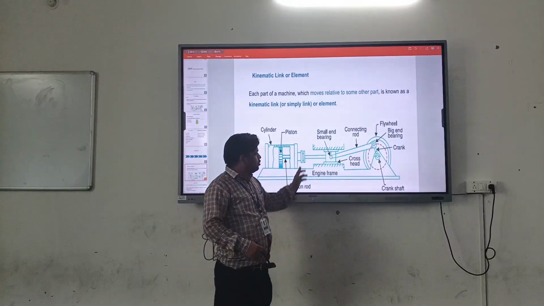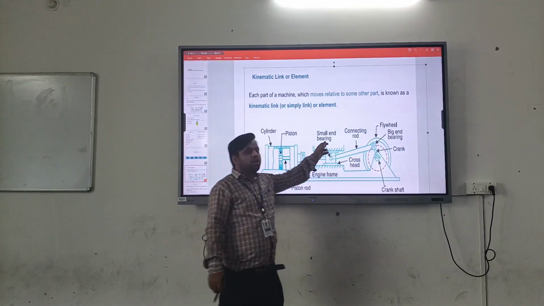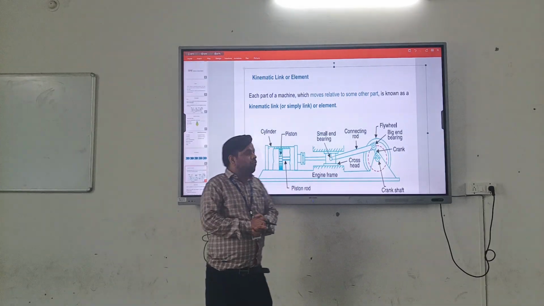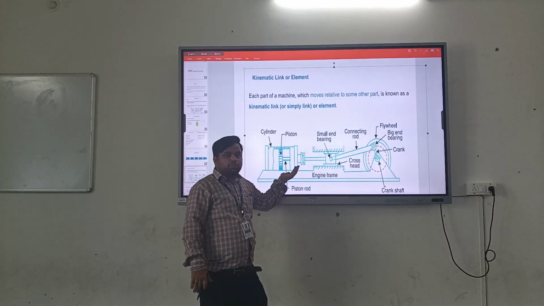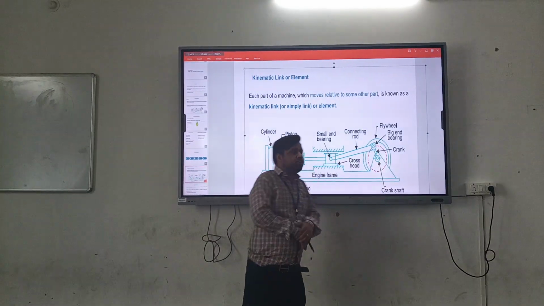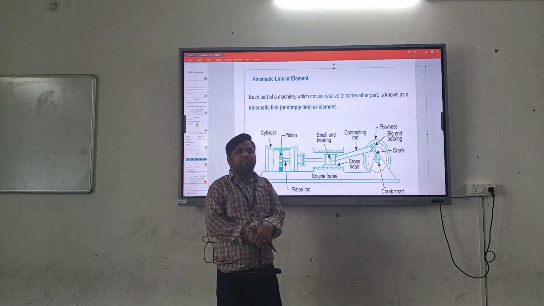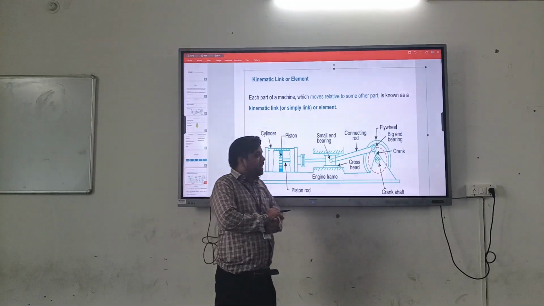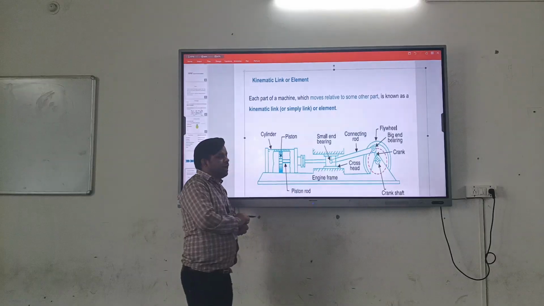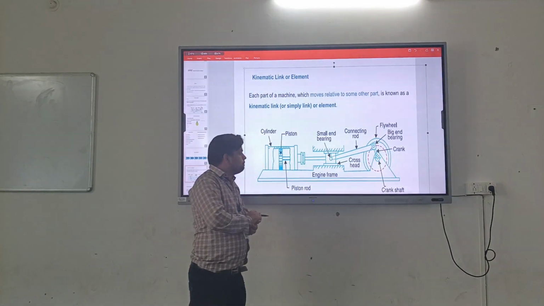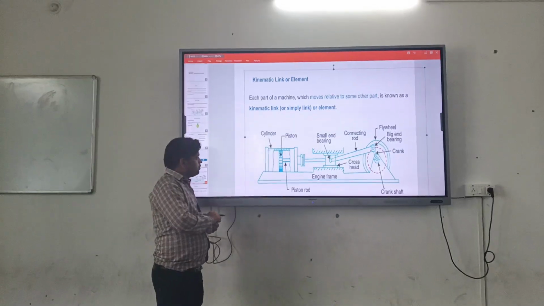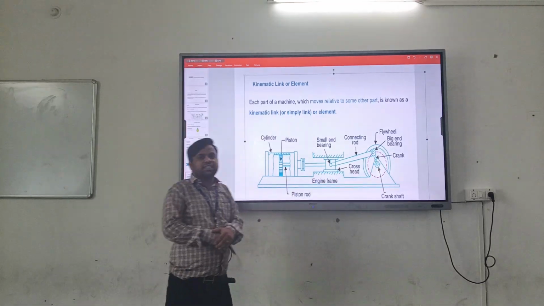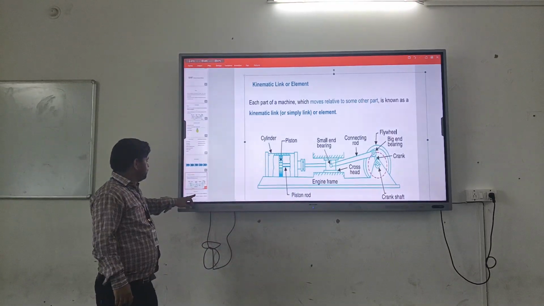This is further transferred to the crosshead having a small end bearing, which transfers the motion to the connecting rod, which converts the reciprocating motion into rotatory motion. It is further connected to the crank and attached with the flywheel. The purpose of the flywheel is to store the energy, reduce vibration, and provide uniform motion to the crank. So in this setup, the reciprocating motion is converted to rotary motion in a single-sided mechanism.